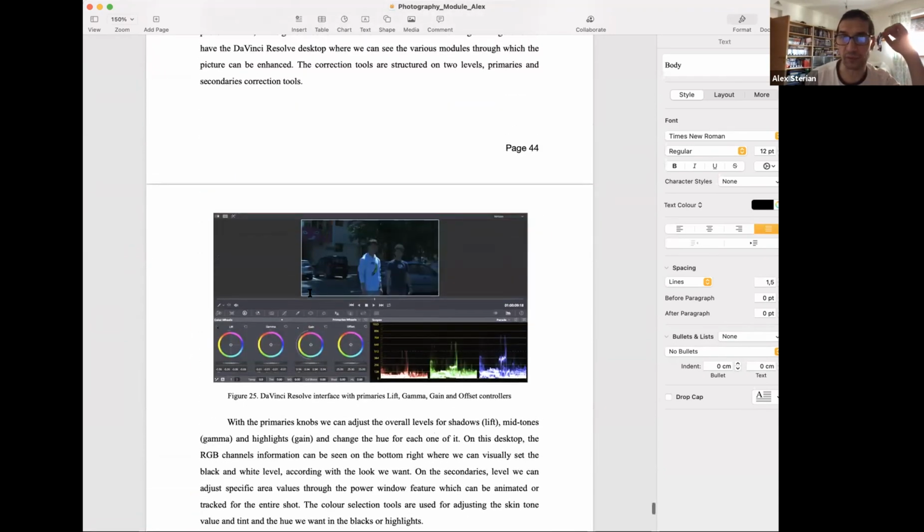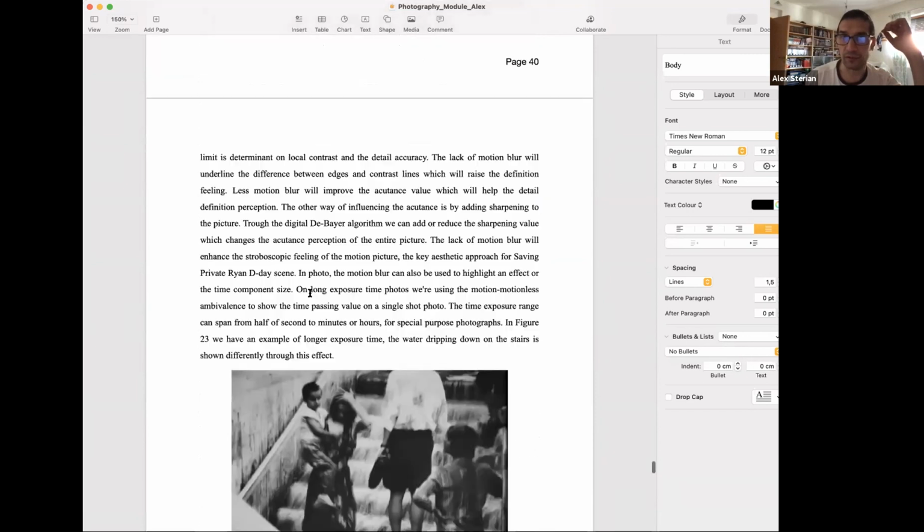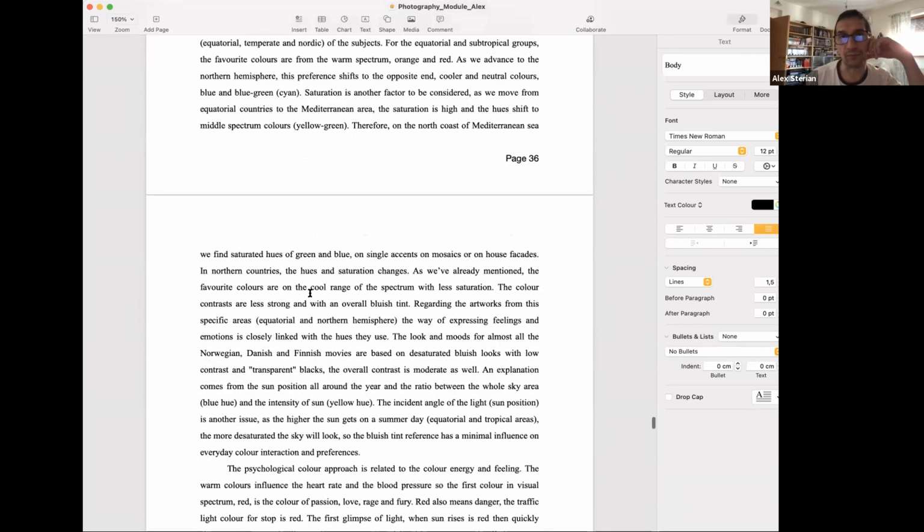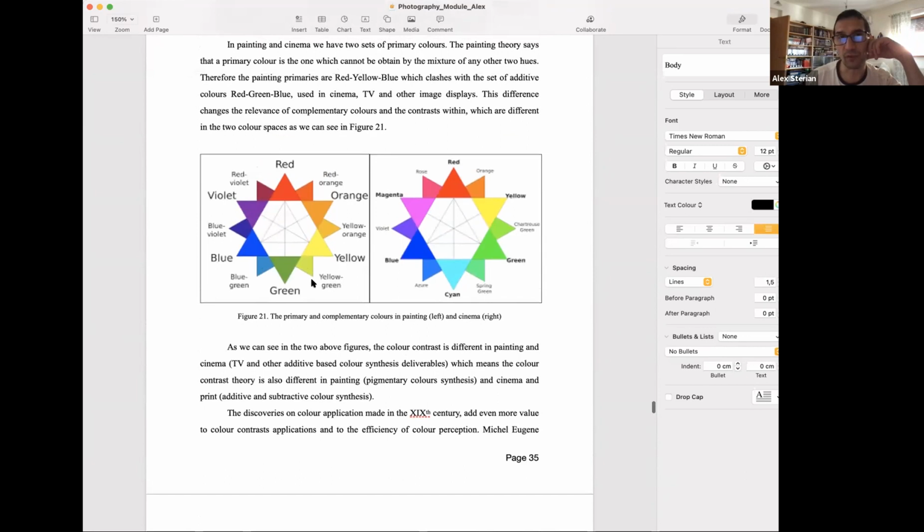So what does that mean? It means when we look at the color wheels, which are also shown here, we see the pigment color wheel in painting, and this is a cinema color wheel.